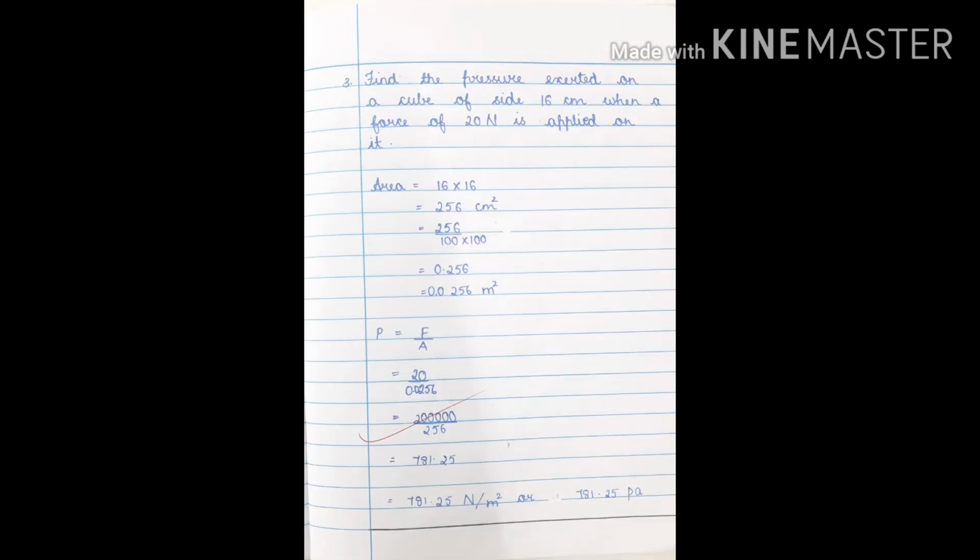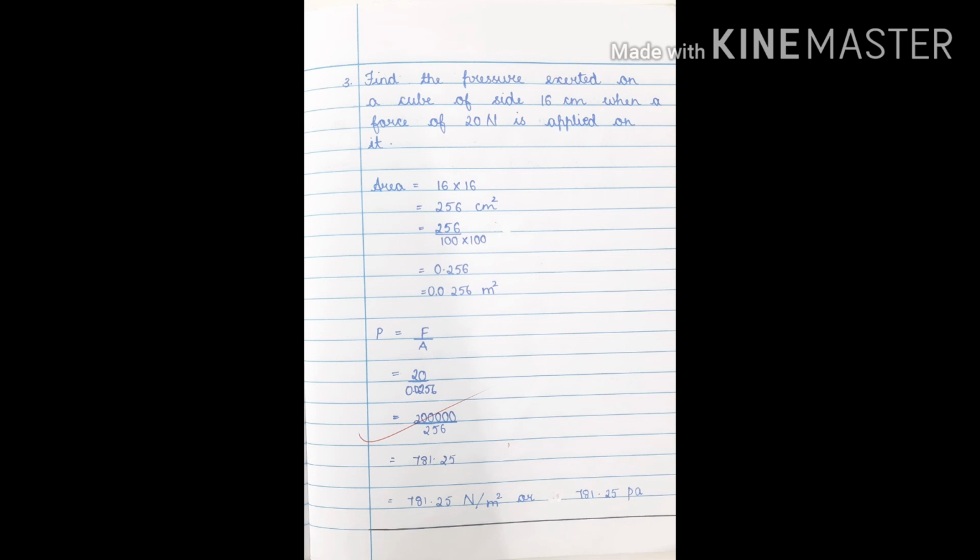Third question. Find the pressure exerted on a cube of side 16 cm when a force of 20 Newton is applied on it. Area is equal to 16 into 16, which is equal to 256 cm square, which is equal to 256 by 100 into 100, which is equal to 0.0256 meter square.